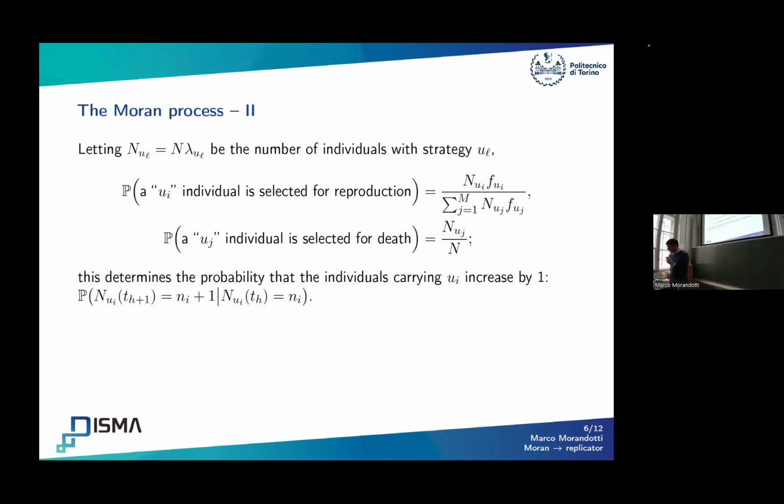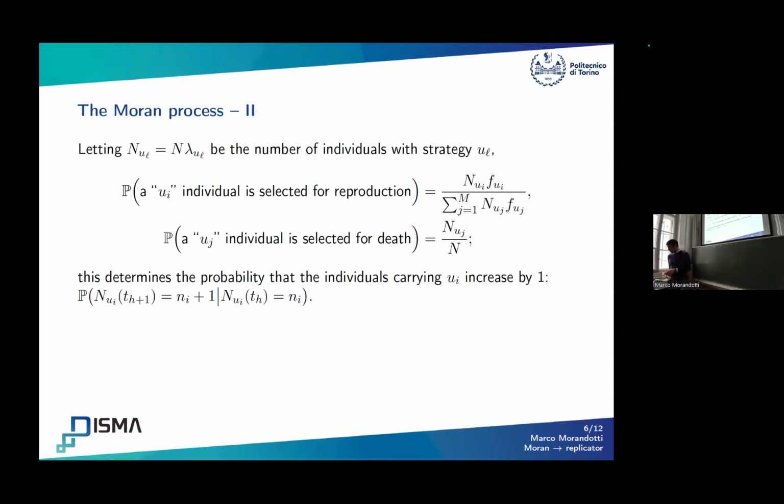So basically, I renormalize by the number of individuals carrying the strategies with the frequency, which gives me the probability of success for this event. Whereas the probability of selecting another individual for inheriting, so for abandoning the strategies, is just the number of those carrying the strategy divided by the total. This is the uniform one.